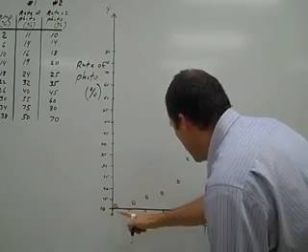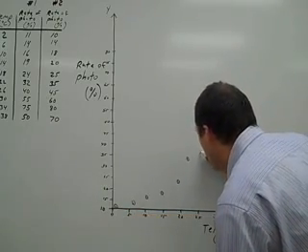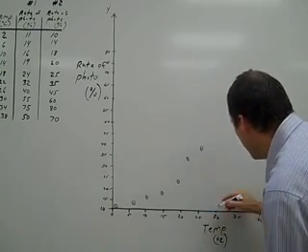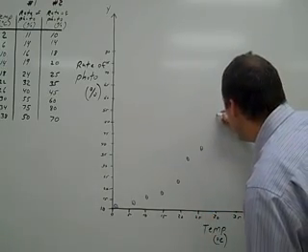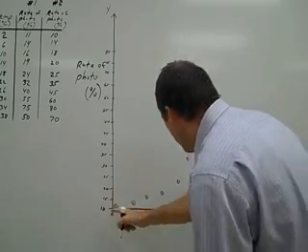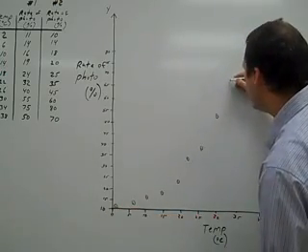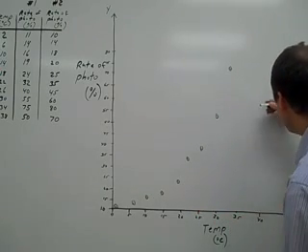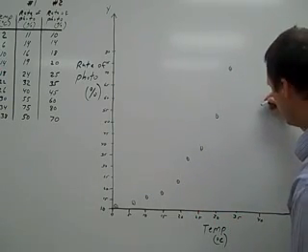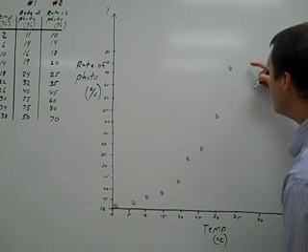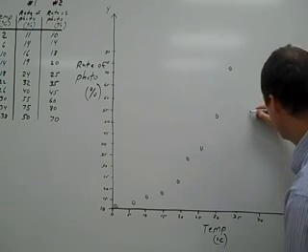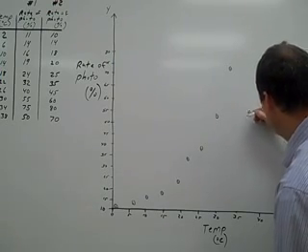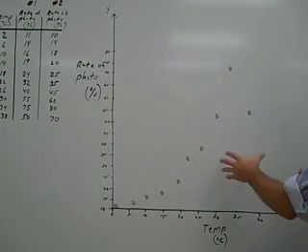Over 26, up 40. So about here. 30, 55. 34, 75. And 38, 50. Okay, so over 38, up 50. So right there. So those are my data points.